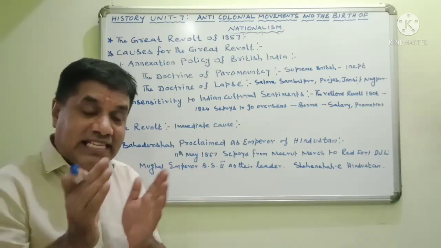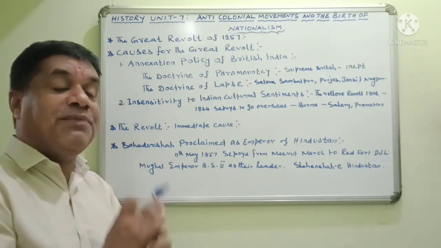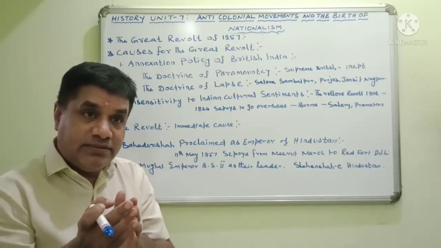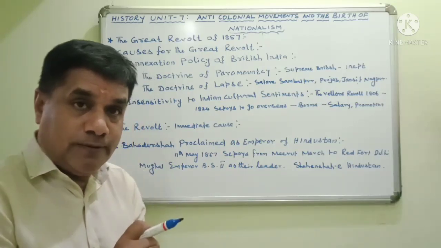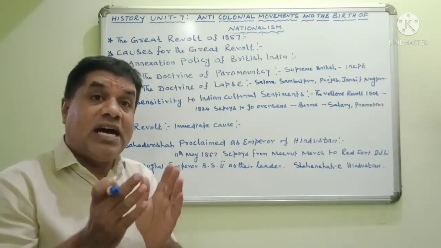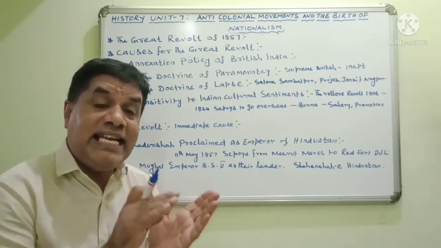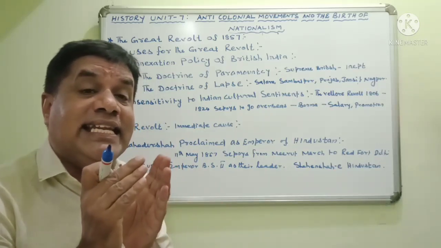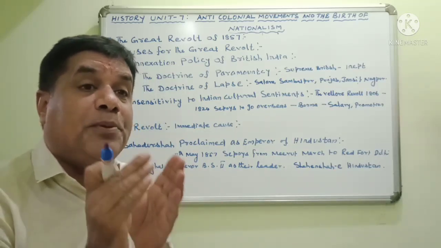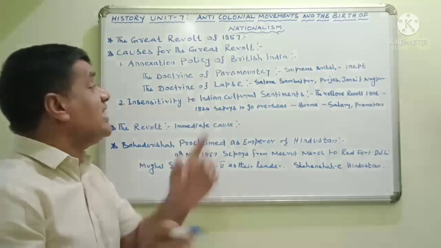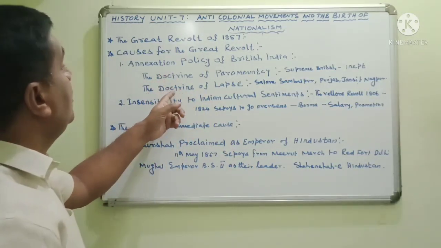Once again, listen carefully. If the ruler died without male issue, the adopted son only inherits the personal property of the deceased. This is known as the doctrine of lapse.